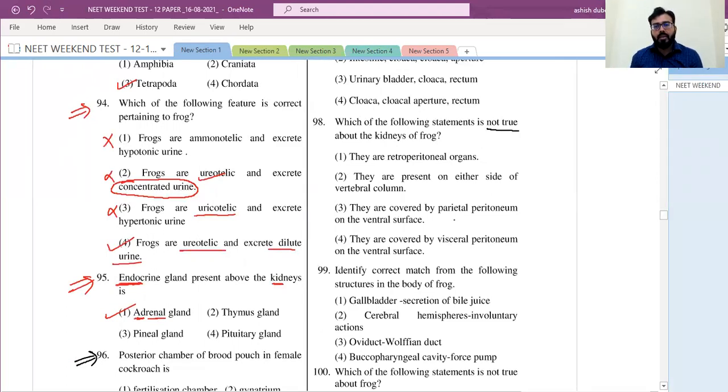They are covered by parietal peritoneum on the ventral side. Yes, we just discussed that. They are covered by visceral peritoneum on the ventral side. No, actually. And how is it so?